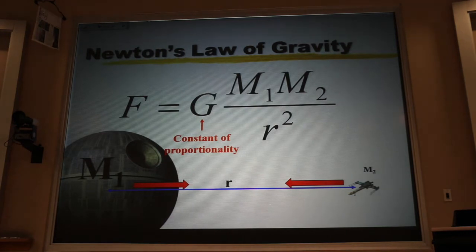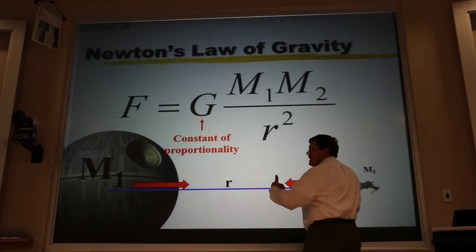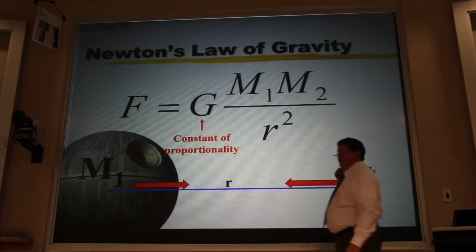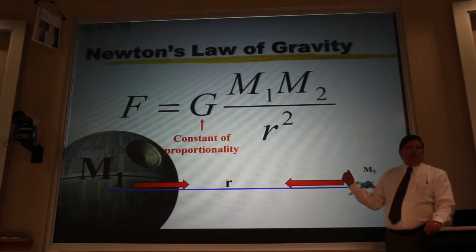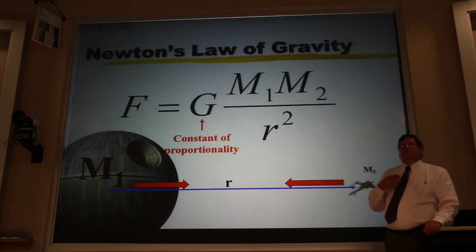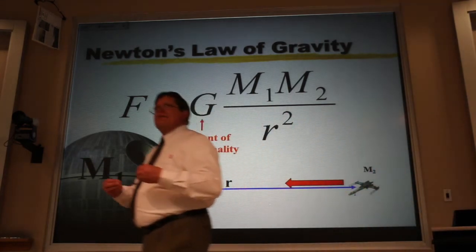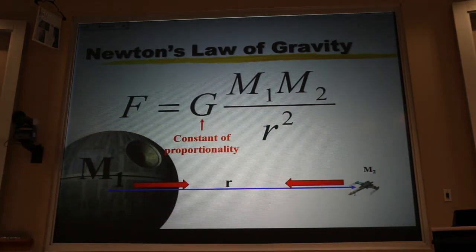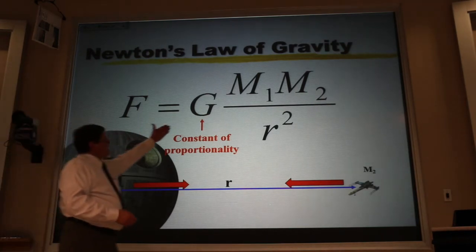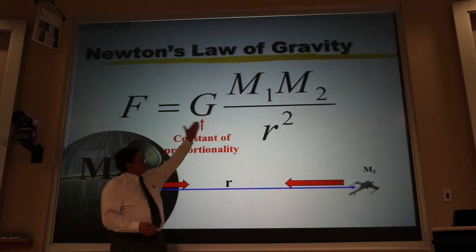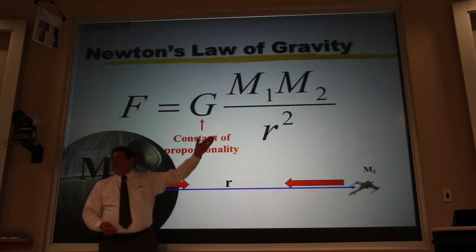Now, the important thing is that the force is equal on both objects, even if one of those objects has a huge mass and the other one has a small mass. It shouldn't surprise us that Newton's third law is built right into Newton's law of gravitation. It's Newton. Okay? And if I look at the reason that the third law applies, I've got m1 times m2.